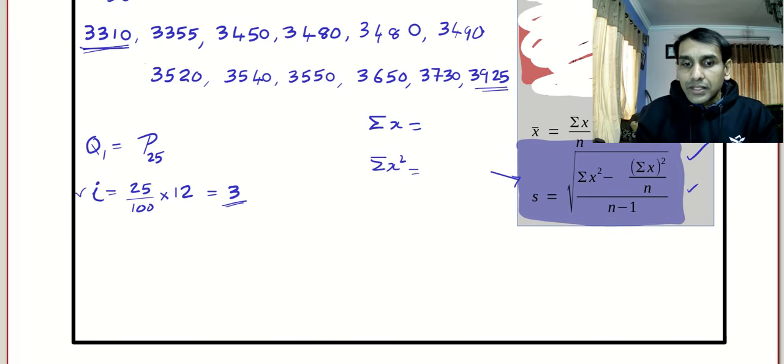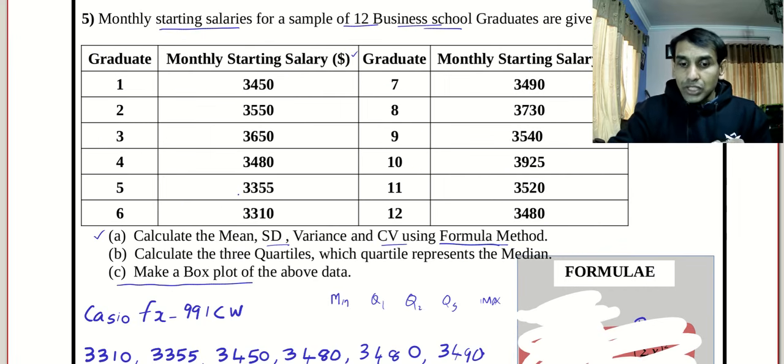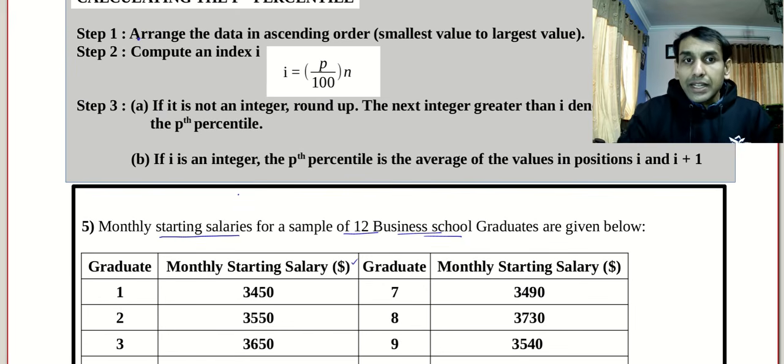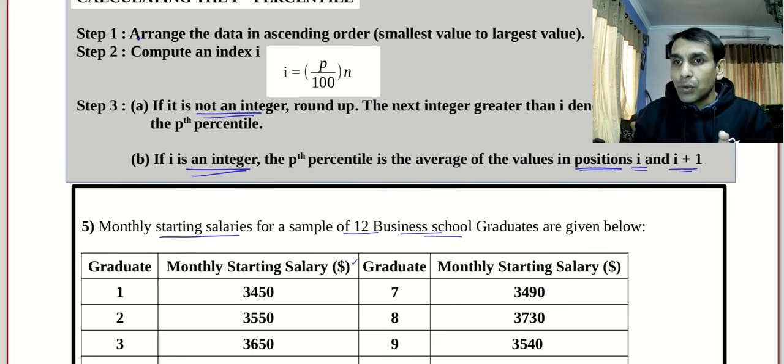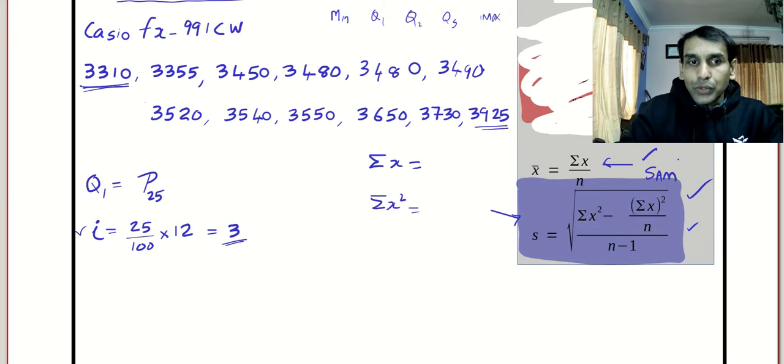And I got 3. The question is, is the index an integer or not an integer? 3 is an integer. So the percentile will be nothing but the average of the data values in the third and fourth. So I'll explain once more.